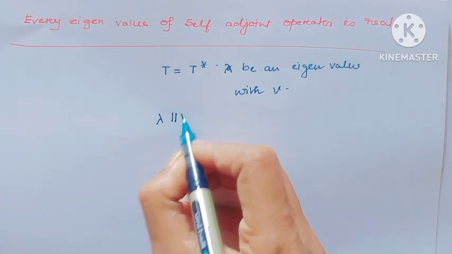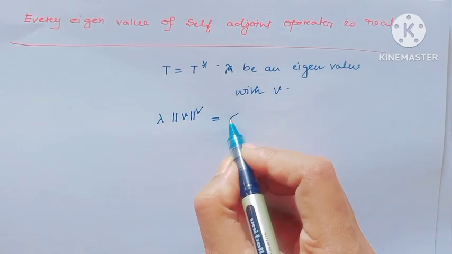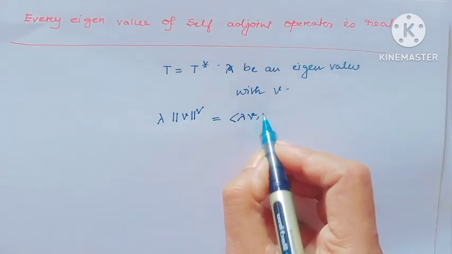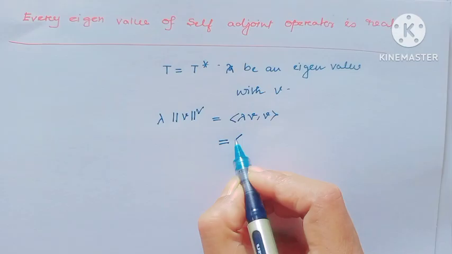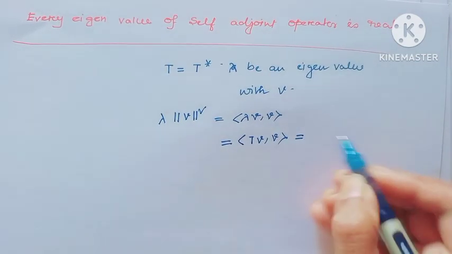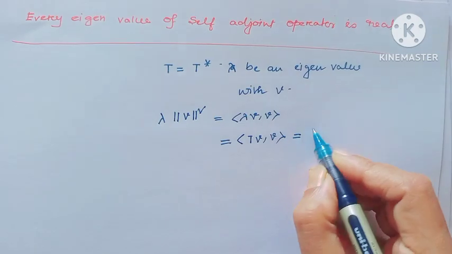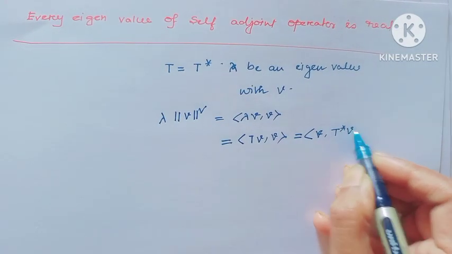Then lambda norm v squared equals the inner product of lambda v with v, which is the inner product of Tv with v. This equals the inner product of v with T star v.